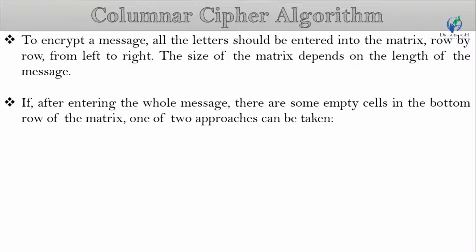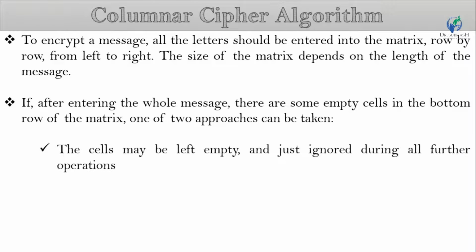If after entering the whole message, there are some empty cells in the bottom row of the matrix, one of two approaches can be taken. The first one is the cells may be left empty and just ignored during all the further operations, which is the so-called irregular columnar transposition cipher.